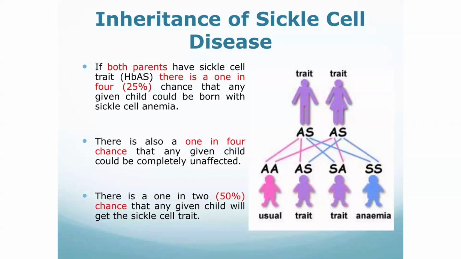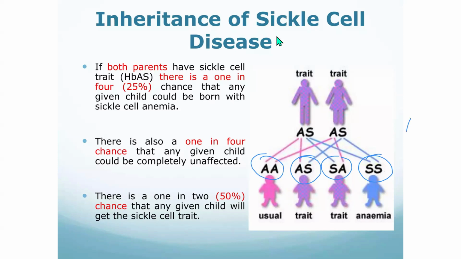So you see, after crossing, you will have one normal child with AA, two carriers, and then one with sickle cell anemia. So you see, it is 25%.